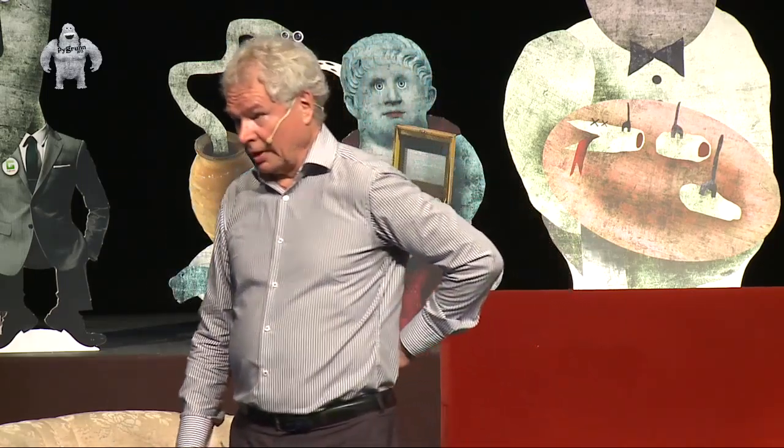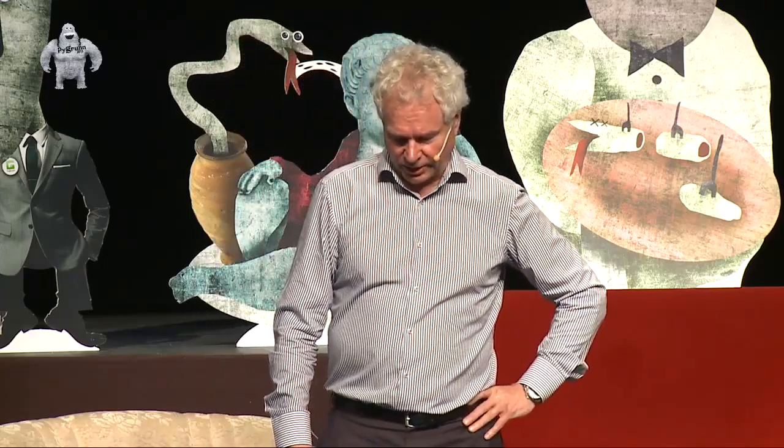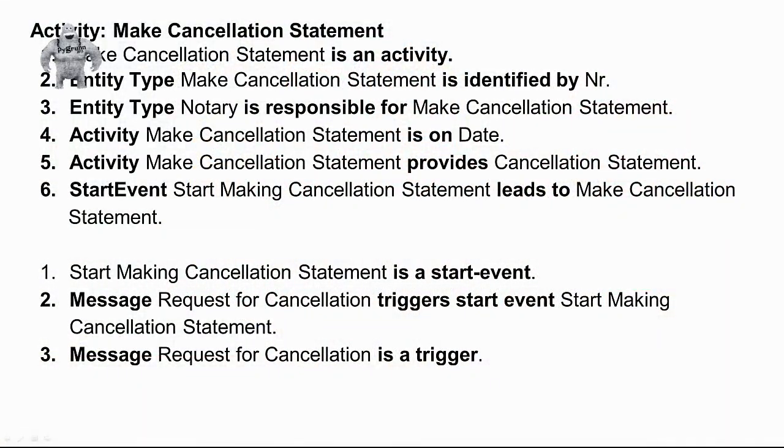This is an OLE specification of an activity, and this one is about making a cancellation statement, because what we're trying to do is strike through these mortgage certificates in the land registry system. We have to perform a certain activity, and when we specify activities, we have to say how they're identified and who is responsible for this activity.